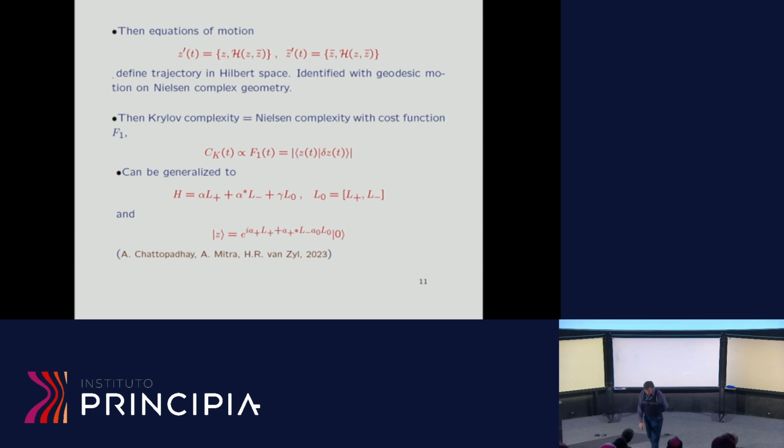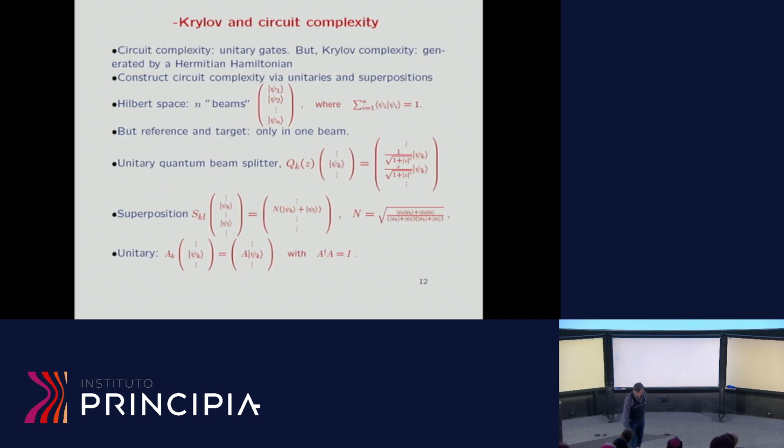Anyway, I just wanted to show that there's a connection between these two notions, because now I will make a connection between Krylov complexity and circuit complexity, and therefore all three will be related.